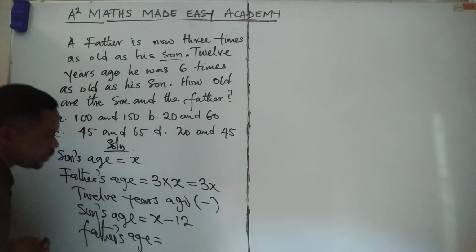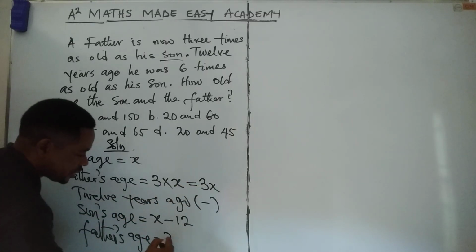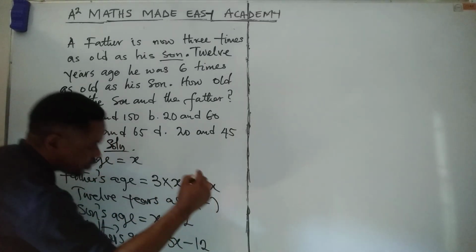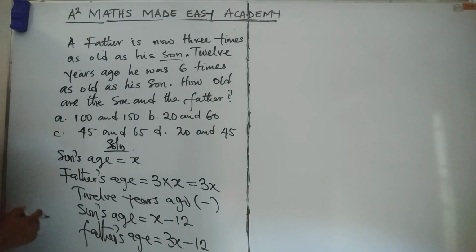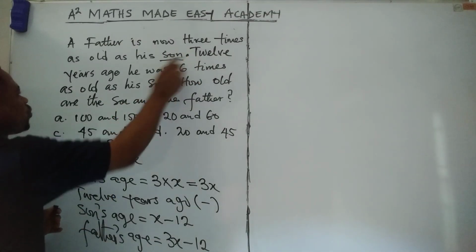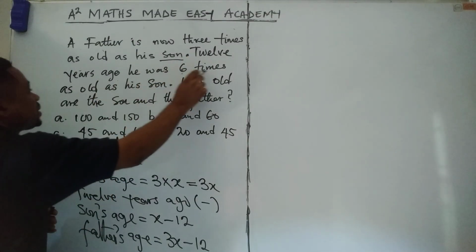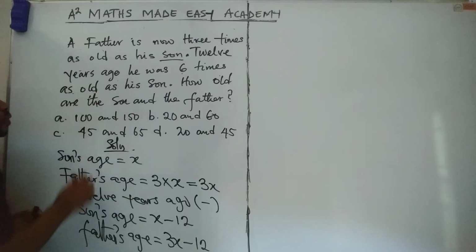age will now be, what's the father's age? 3X minus 12 years ago. That is the first thing. Then it has not finished yet. The next thing again, look at it. 12 years ago, he was 6 times as old as his son.